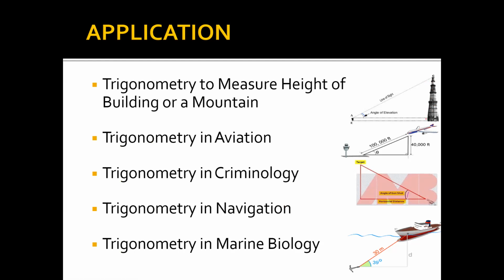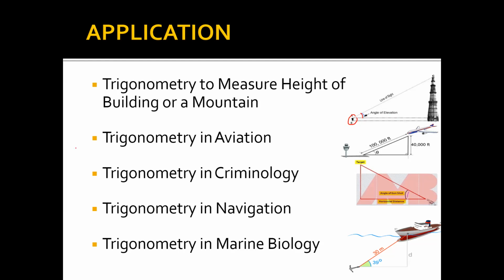We can find the height of this Qutub Minar with the help of trigonometry. What we need here: one person is standing here, and we need the distance from the person to Qutub Minar and the angle of elevation. If we know these two things, then we are able to find the Qutub Minar's height or that building's height.